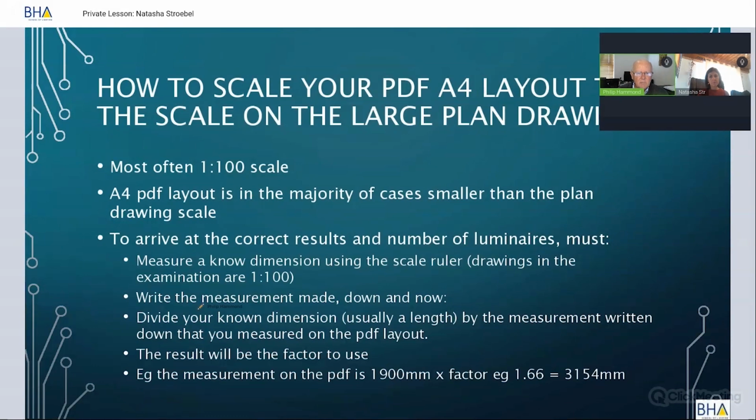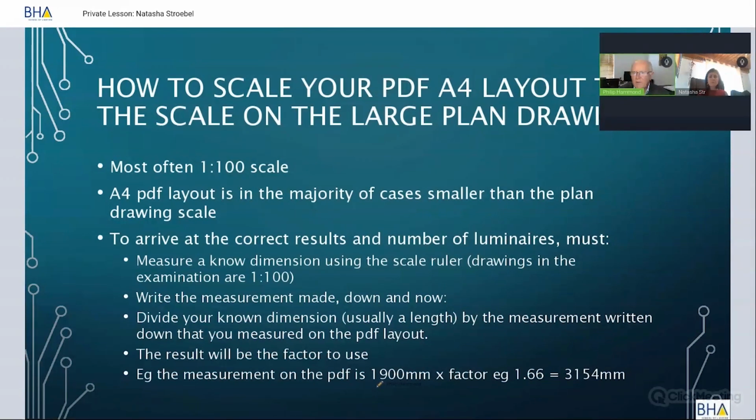You take the measurement, you write it down, and then you divide your known measurement by the measurement that you physically measured with your scale rule. And that will give you your factor. In this case, it's 1.66.